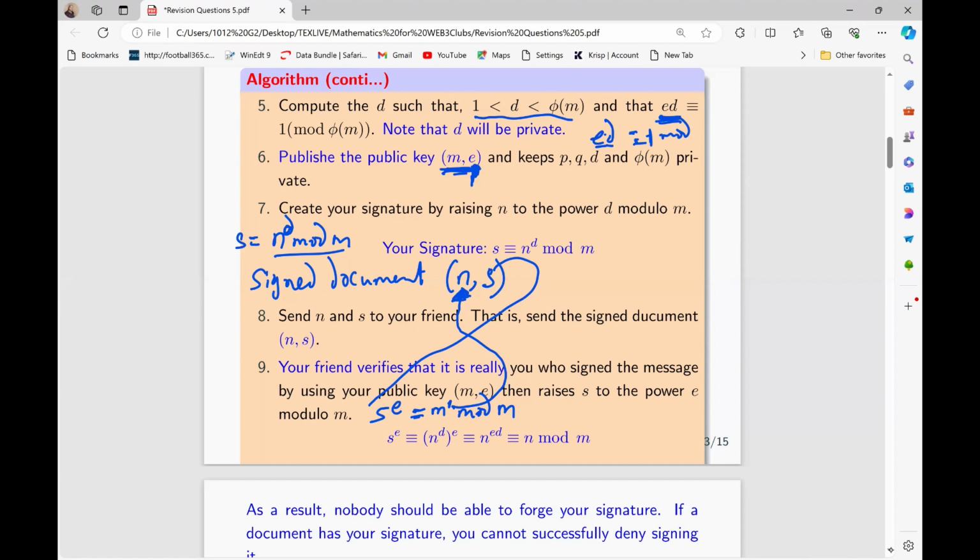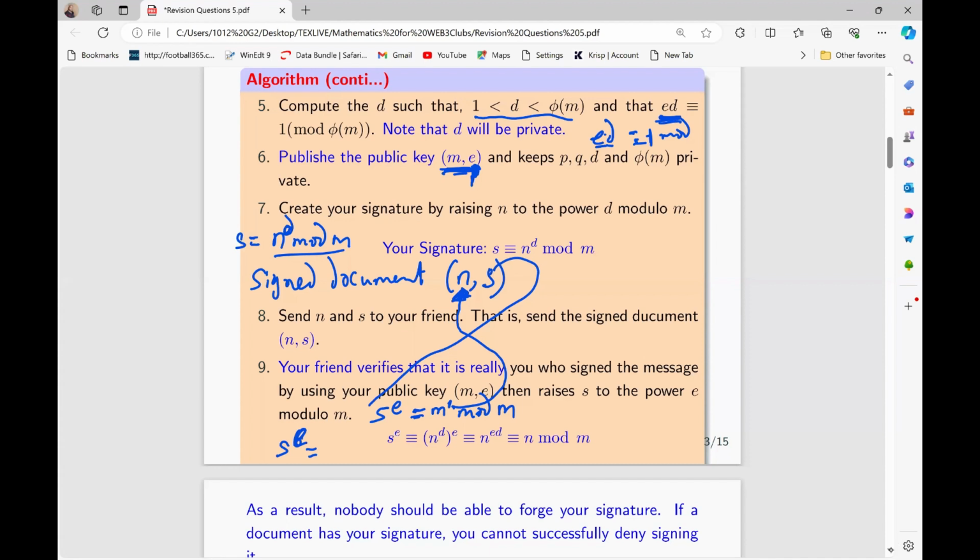If they are the same, it means it has indeed been signed by the person claiming to have signed it. So how do they become the same? I've just said it's S raised to E.